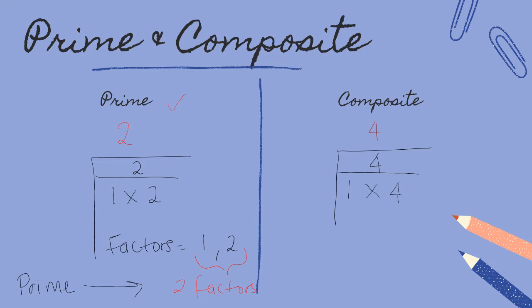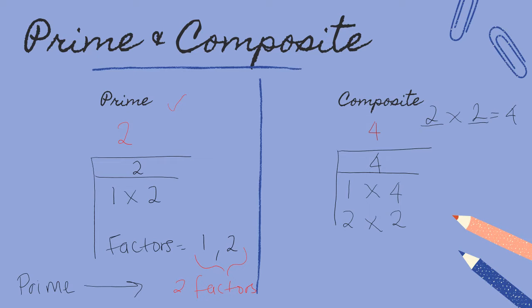Then think of any of the numbers when you multiply them together gives 4. So we have started with 1. Then we're going to start with 2. 2 times what gives 4? 2. So we know that 2 times 2 gives 4.